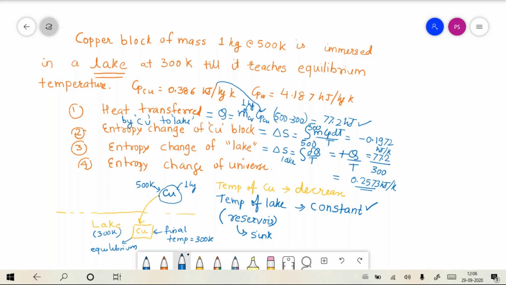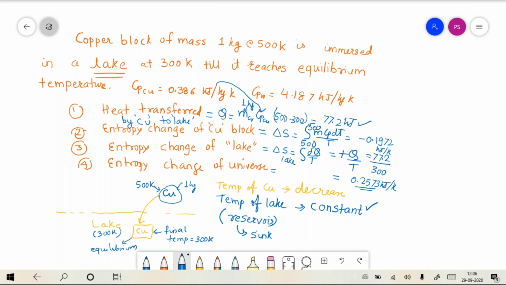That positive value is the quantification of the irreversibility or entropy generation in the universe because of the irreversible heat transfer. I hope it is clear to you.